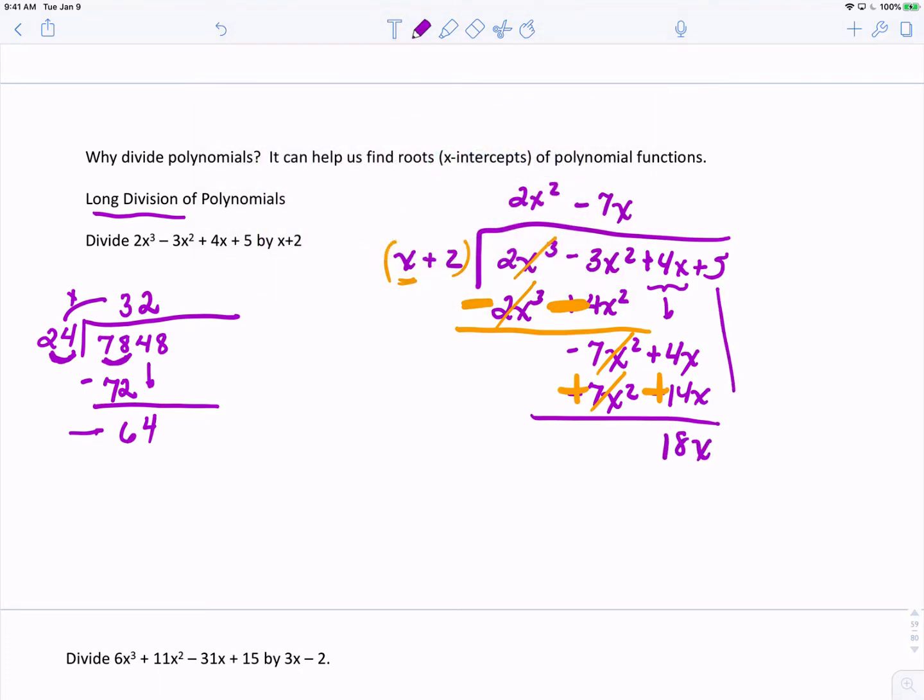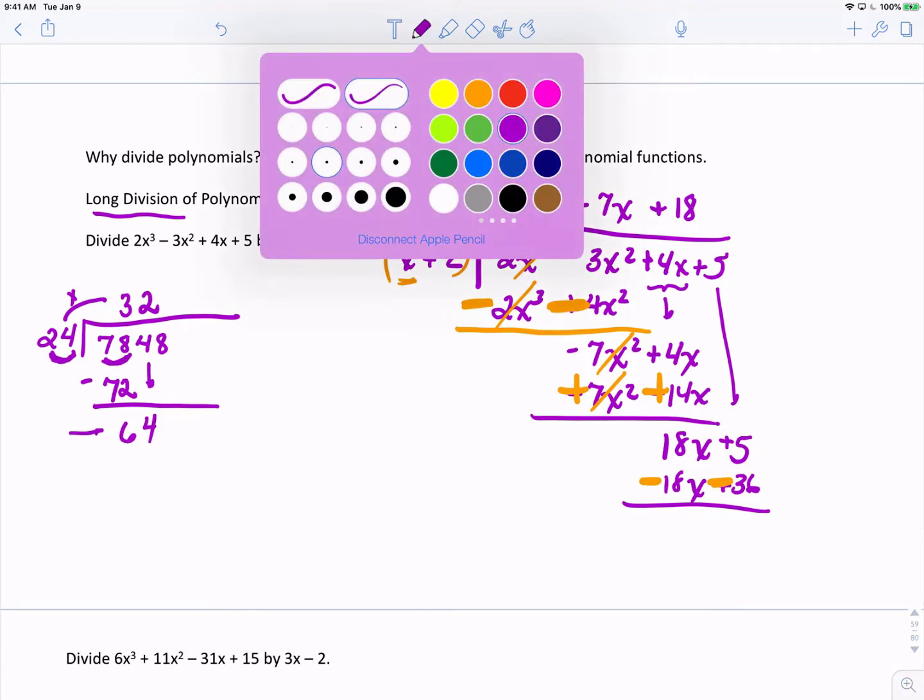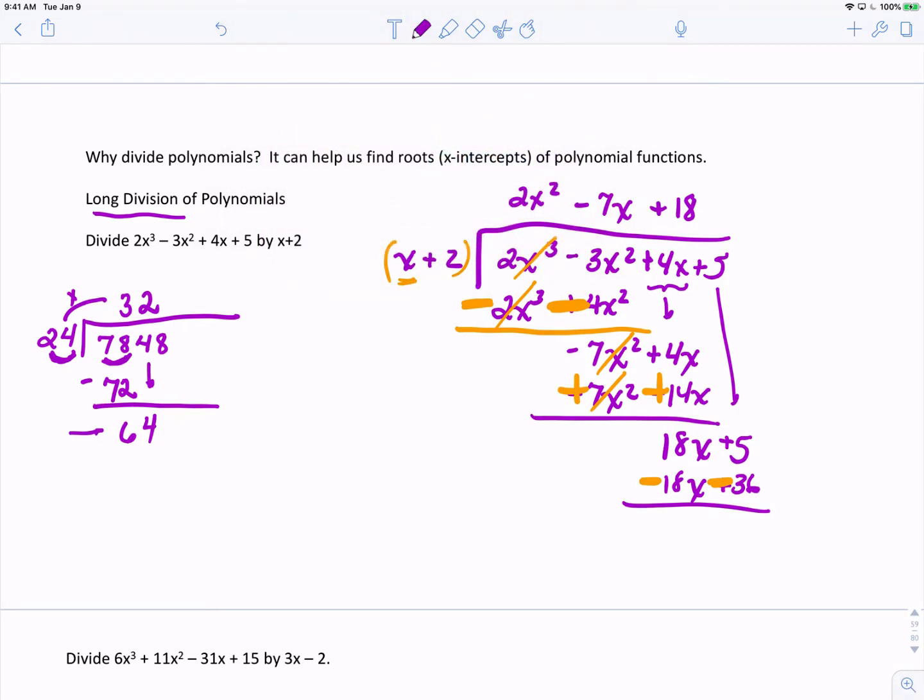And finally, you bring down the last term. What would I multiply x by to get 18x? I would multiply it by 18. If I multiply, I get 18x. 18 times 2 is positive 36. I would want to subtract. Subtract means change the sign and add. And so what I would get is a remainder of negative 31.